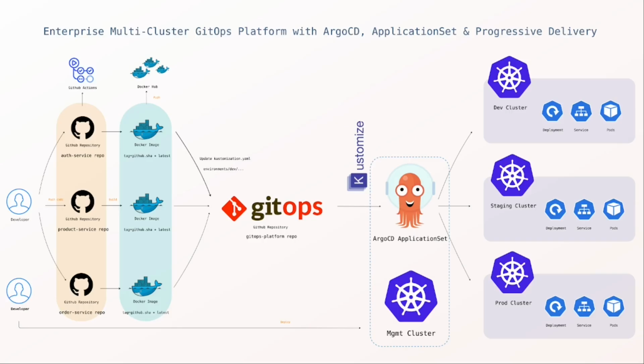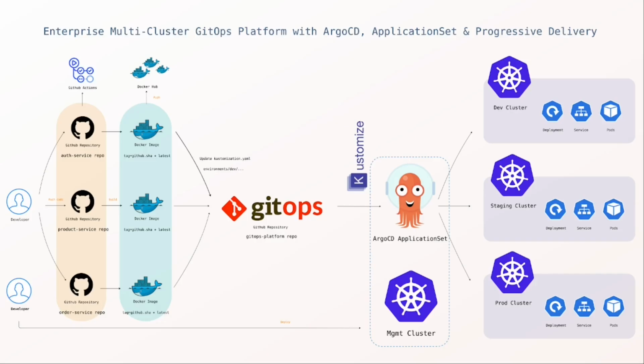Each cluster operates independently but follows the same deployment model defined in Git. When a change occurs, ArgoCD uses ApplicationSet to determine which applications should be deployed to which cluster. It then applies the configuration accordingly, ensuring that each environment receives the correct version and settings.